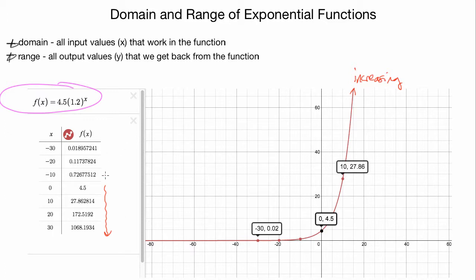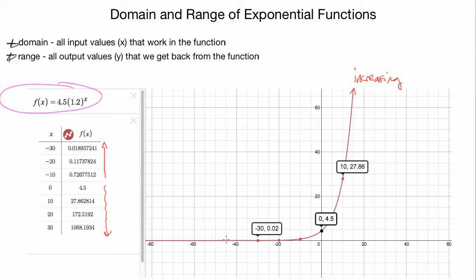On the other end, as I get smaller in my x values, we've talked about how exponential functions always approach a specific value. In this case, the value it's approaching is just 0. I can see that with 4.5, then 0.7, then about 0.1, then about 0.01.